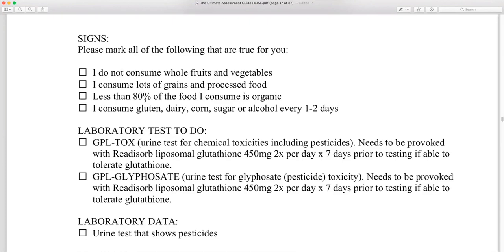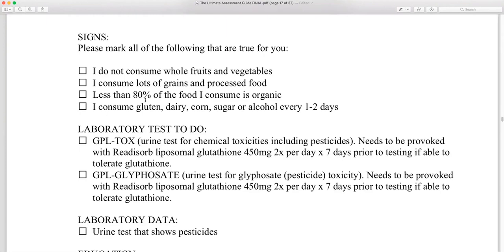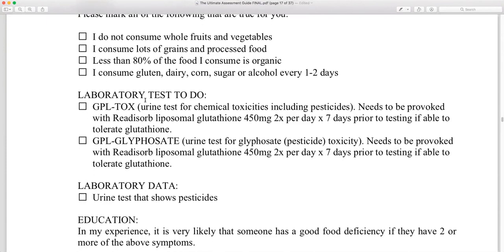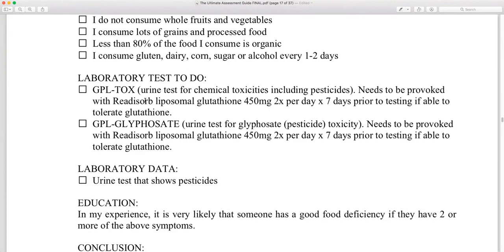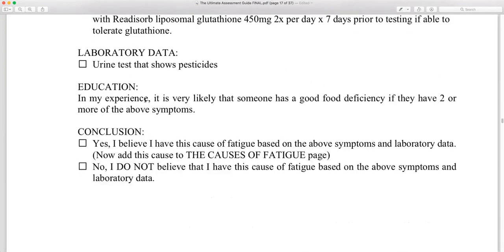And they found that in children who were not eating an organic diet, they found pesticides in their urine, and their behaviors were not supportive of the environment that they were in, so they were poorly behaved. And then when they switched to organic for 3 months, they found that there were no pesticides in the urine, and the kids were much better behaved. So very important, but you can tell based off signs and symptoms, and then you're complemented with the laboratory testing.